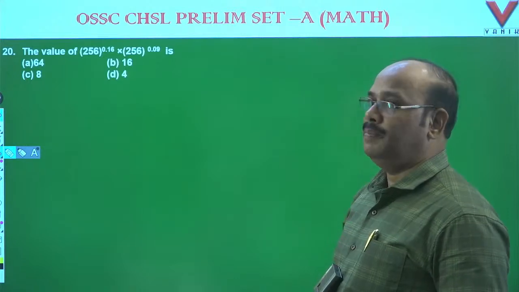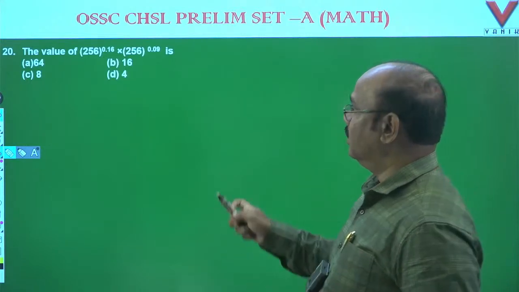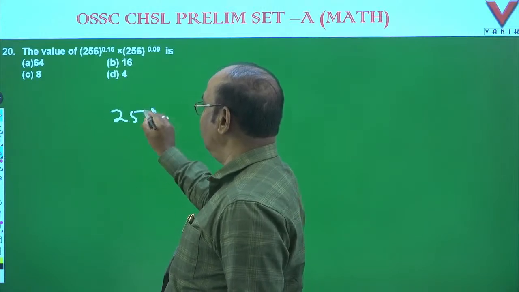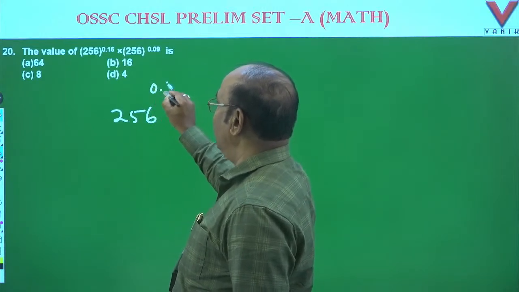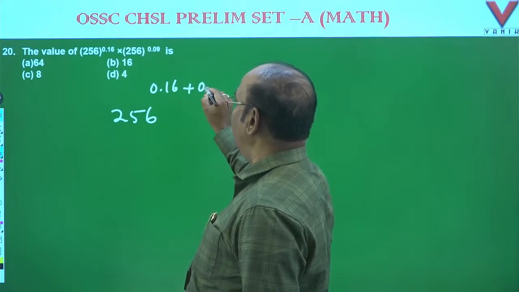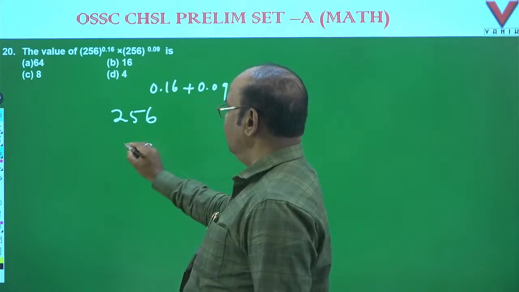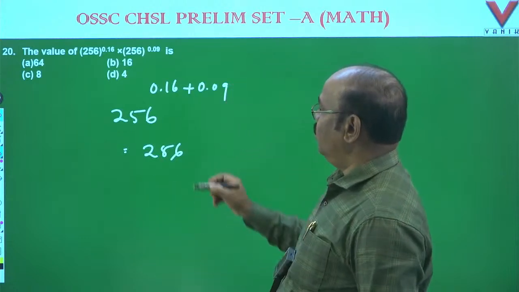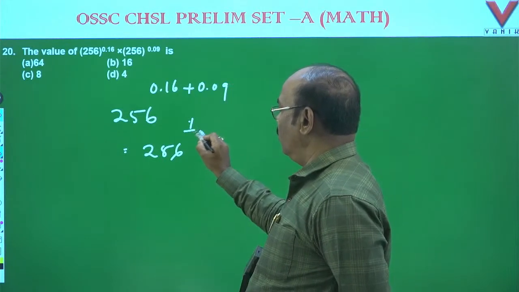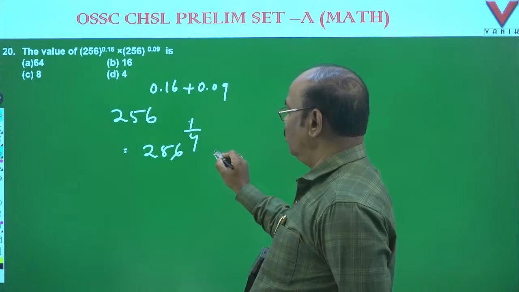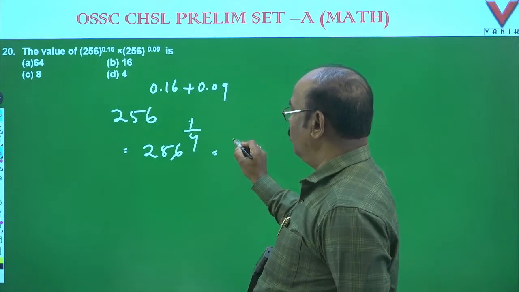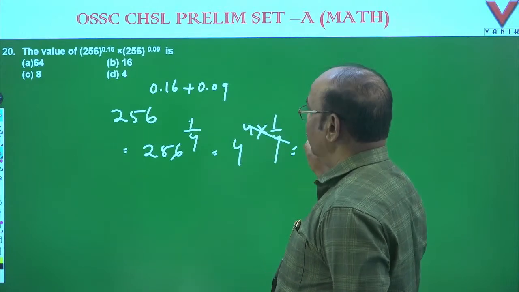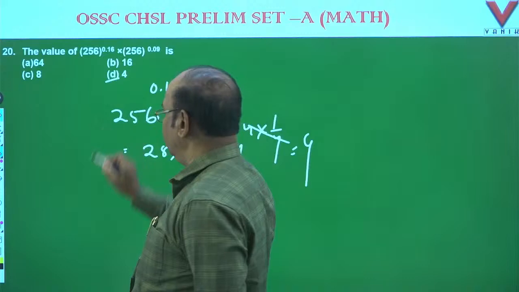If the bases are the same, we know that powers are added, so that is equal to 256 to the power 0.16 plus 0.09, which is 256 to the power 0.25. 0.25 is 1 by 4, meaning the fourth root. That becomes 4 to the power 4 into 1 by 4. So the answer is coming 4. The option is D.